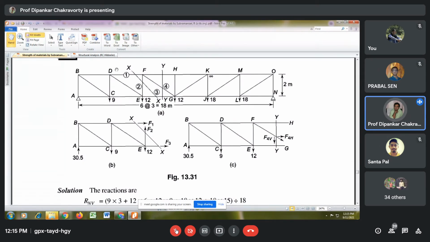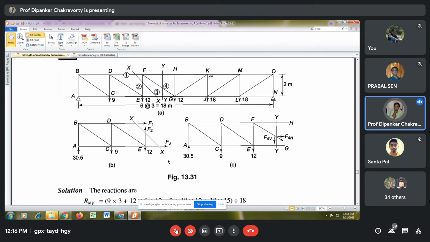If somebody wants to solve member force DF, then the other two members, EF and EG, are meeting at E. Yes, the moment will be calculated about E. If you take moment about E, then you get 30.5 into this distance, 6 meter, clockwise, minus 9 into 3, that will be anti-clockwise, plus F1 into 2, that will be again clockwise, equals 0.